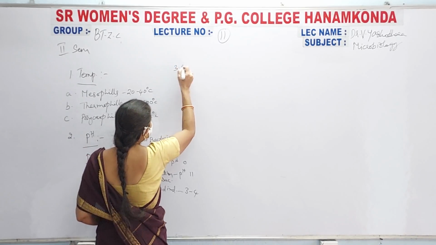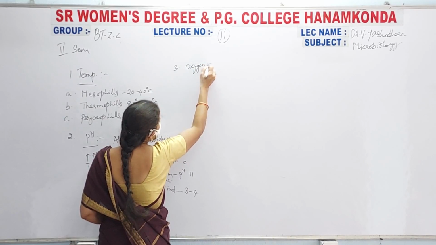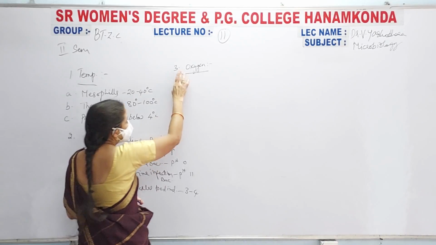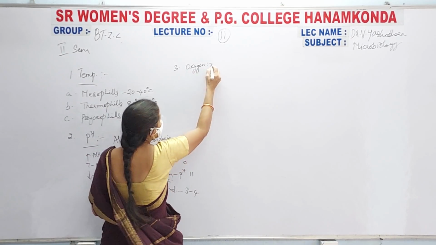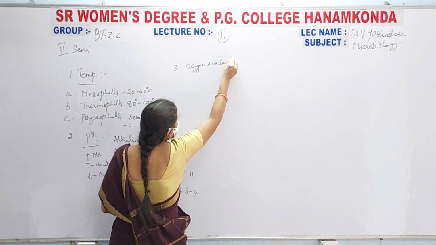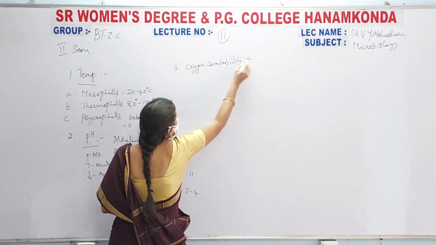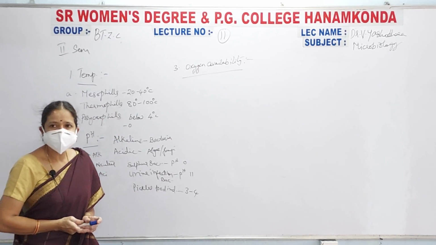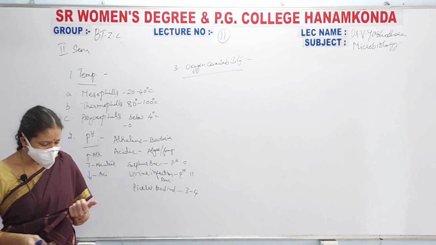Coming to the third one, oxygen. The next factor that affects the growth of microorganisms is oxygen availability.